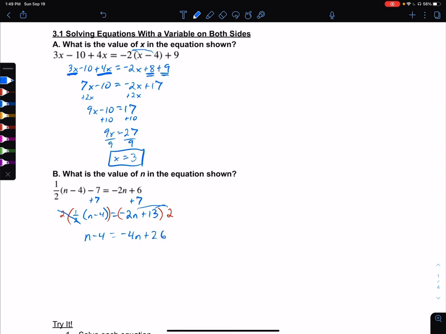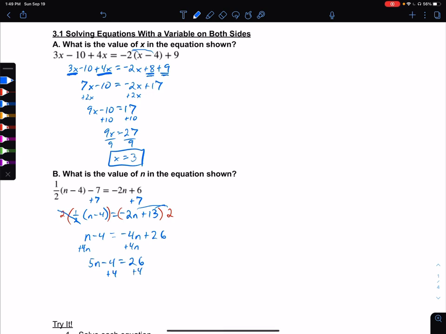Now on the left side I have unlike terms, on the right side I have unlike terms, so I'm going to start undoing operations and moving terms from left to right or right to left. I like moving my variables to the left whenever possible, so I'm going to add 4n. Keep in mind that this is a 1n here, so we have n plus 4n, that would be 5n, minus 4 is equal to 26, and now we should know what to do here.